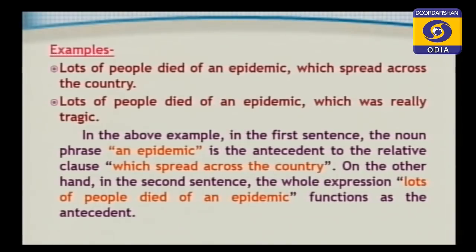Lots of people died of an epidemic which spread across the country. The second sentence also looks equal. Lots of people died of an epidemic which was really tragic. What's the difference between these two sentences? The first sentence, lots of people died of an epidemic which spread across the country.